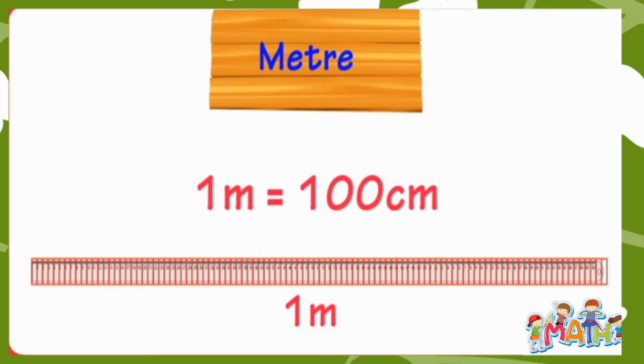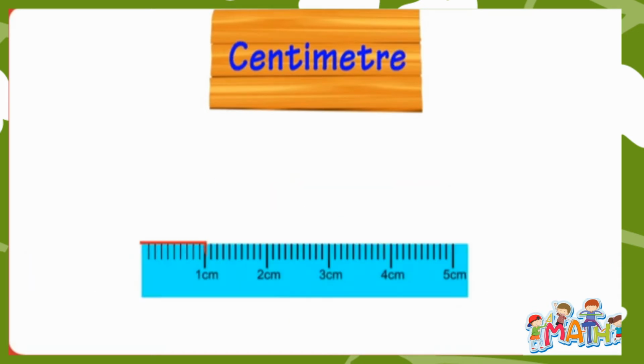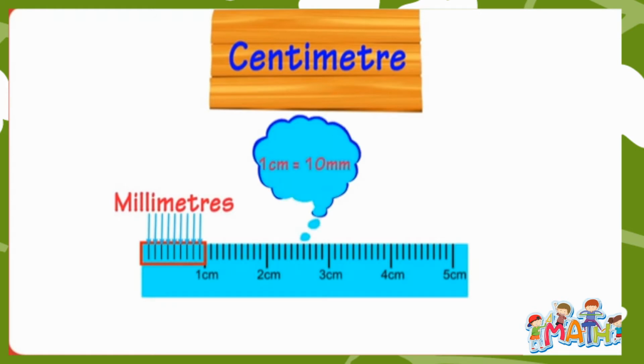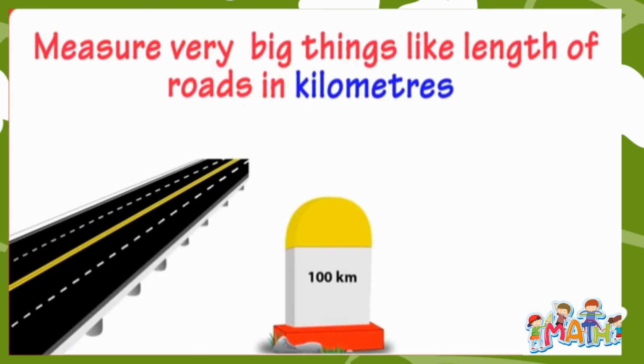A centimeter is divided into 10 equal parts called millimeters. Therefore, in 1 centimeter, there are 10 millimeters.